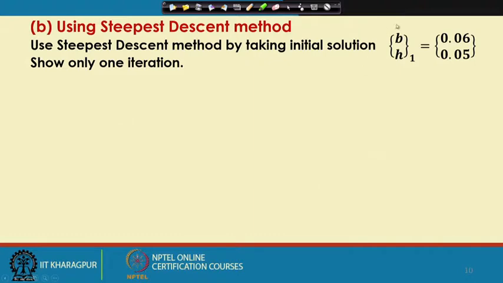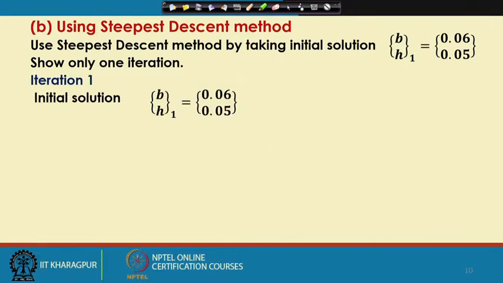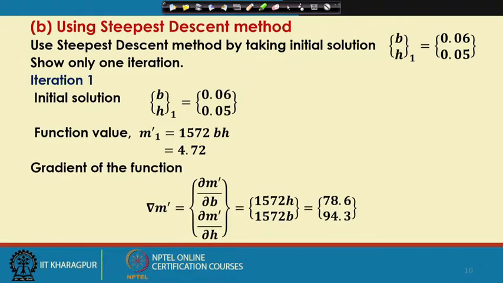Now, this initial solution is selected at random, and let us see how to proceed with this particular iteration. Iteration 1. So, we start with the initial solution, that is BH1, which is nothing but 0.06, 0.05.